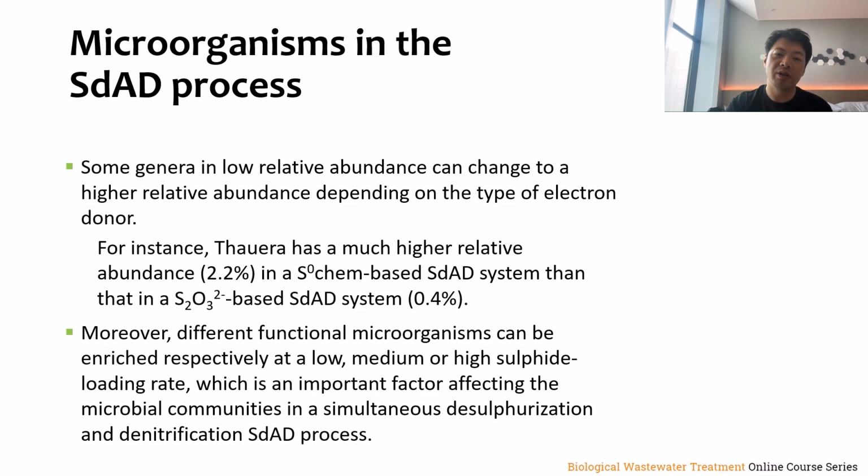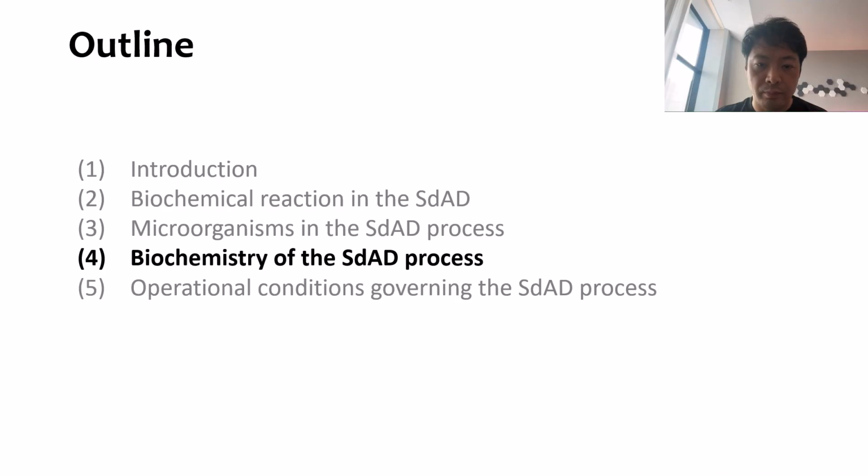Moreover, different functional microorganisms can be enriched respectively at a low, medium, or high sulfide loading rate, which is an important factor affecting the microbial communities in a simultaneous desulfurization and denitrification process. Next part, let's look at the biochemistry of the sulfur-driven autotrophic denitrification process.